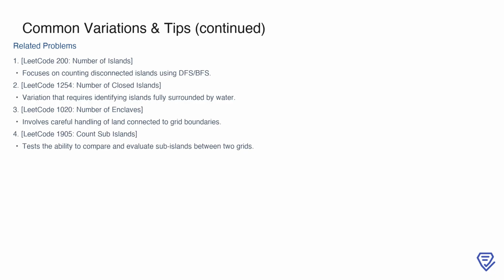LeetCode 1020, number of enclaves, requires careful handling of land connected to the grid's boundaries, which adds an extra layer of complexity. Finally, LeetCode 1905, count sub-islands, tests your ability to compare sub-islands between two grids to determine which ones are entirely contained. Each of these problems builds on similar concepts, so practicing them will improve your problem-solving skills and help you recognize patterns that are common in grid-based questions.